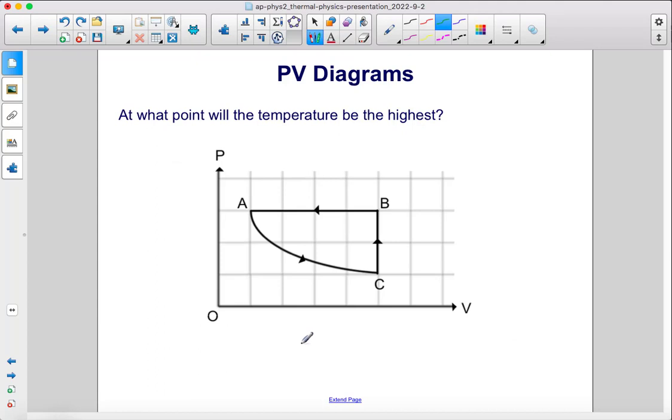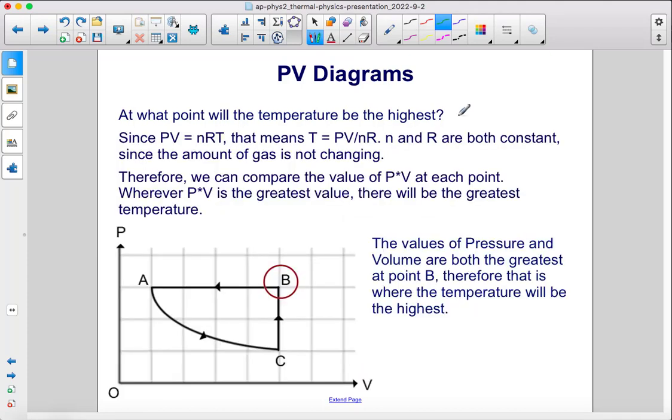Here's another question. At which of these 3 points will the temperature be the highest? Since PV equals nRT, that means that temperature equals pressure times volume over the number of moles times the gas constant. Therefore, we can compare the value of P times V at each point.